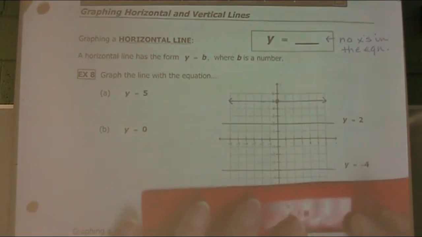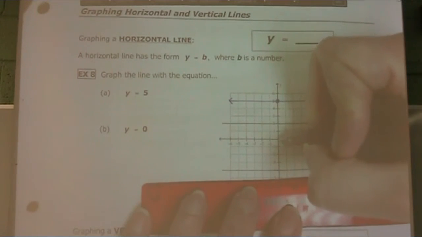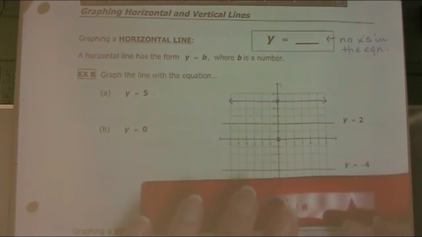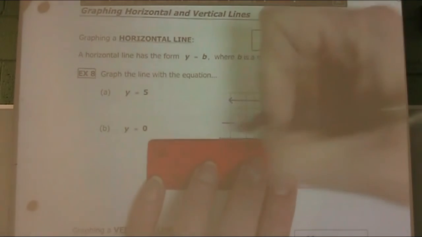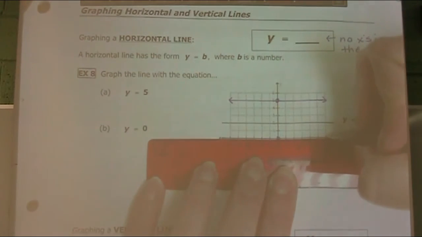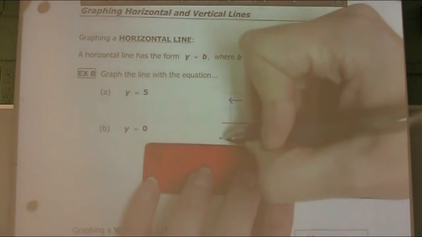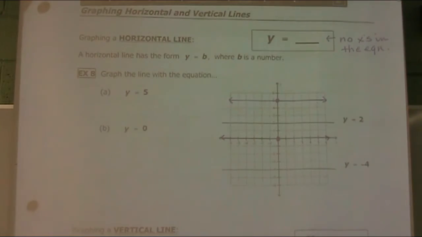Y equals 0 goes through 0 on the y-axis, so it actually is the x-axis. And I'll draw a line through that and put arrows indicating it goes infinitely in both directions. So those are horizontal lines. They take a lot less work, but you have to remember what they are.